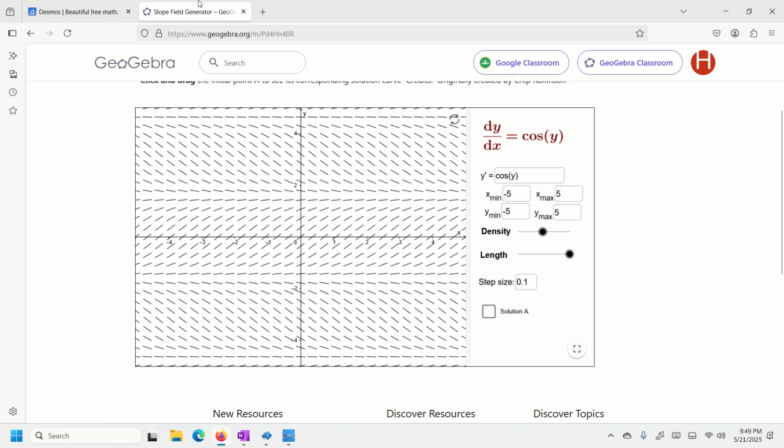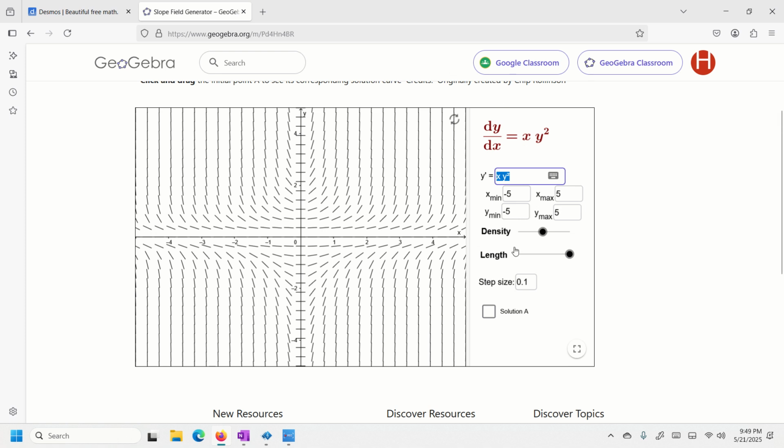You can call this up by going to Google and typing in slope field generator, and it's like the second option. In our y prime, being our dy dx, I'm going to write our xy squared. Press enter, and there you go.